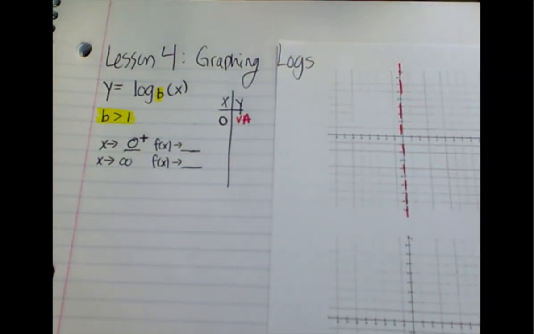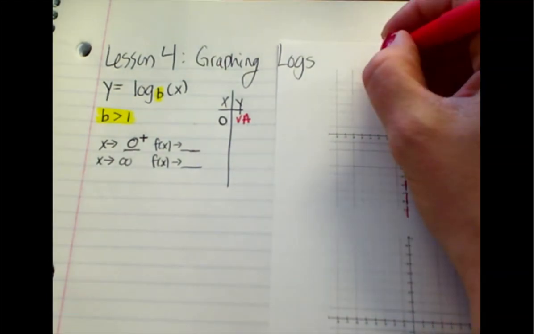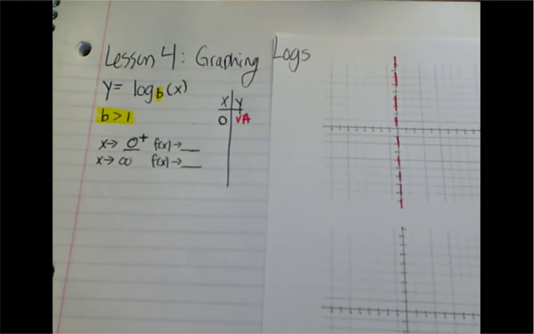Okay, so I drew my vertical asymptote. What else could I plug in? Okay, so we're gonna try it. Don't write it yet. Log base b of 1. Should it be a perfect square? Almost.